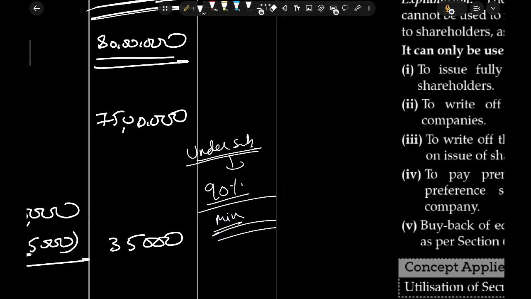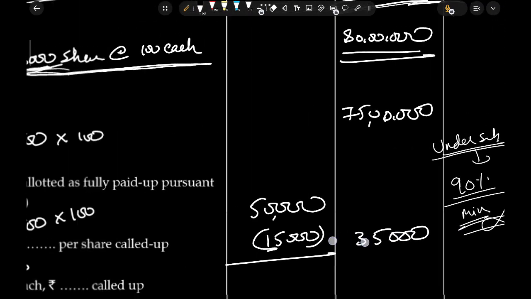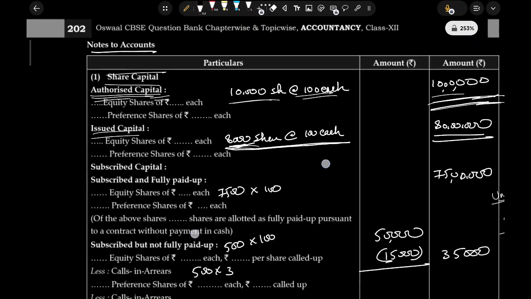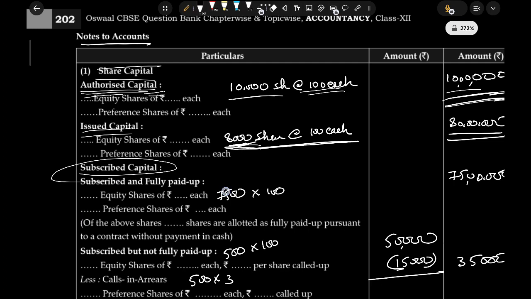The company should have a minimum 90% of subscription from the public. If not, the company has to refund the money. There is a one mark question there. Okay? So, subscribed capital: over subscription, pro rata; under subscription, minimum subscription 90%; fully subscribed, no problem.